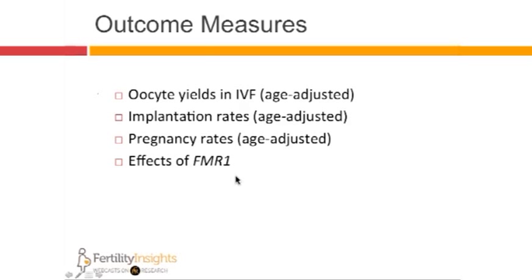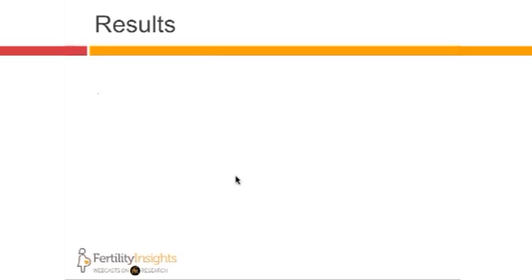And so in this study we wanted to see whether this gene in any way affects what we are seeing otherwise in the general population. And coming to the study, we looked at a total of 544 first IVF cycles, which led to 142 pregnancies.